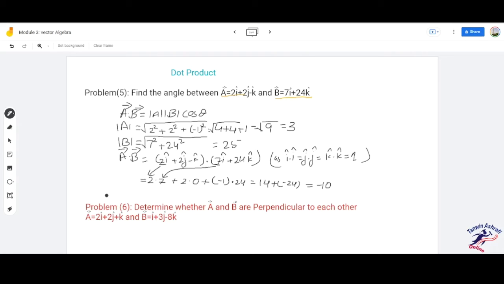Now if I put all the things in equation 1, like this: minus 10 is equal to 3, the magnitude of A is 3, into 25 cos of theta.